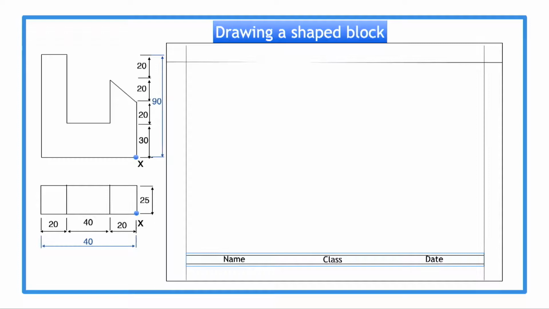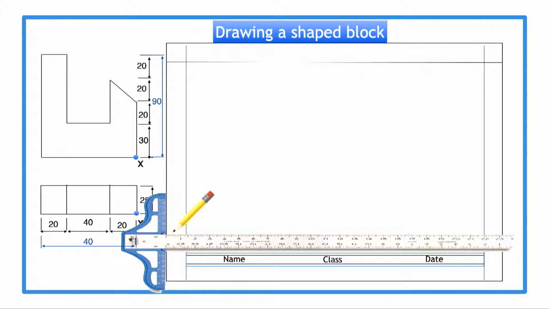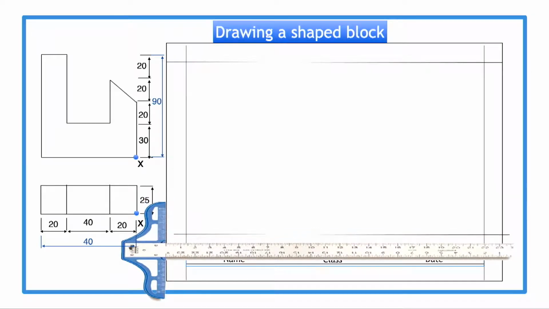We identify the nearest lowest visible corner X and place a starting line at the bottom of our page. On the line, we place our starting point X, through which we are going to draw our nearest vertical edge.